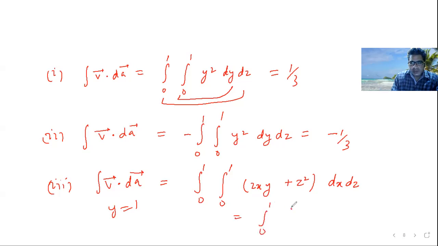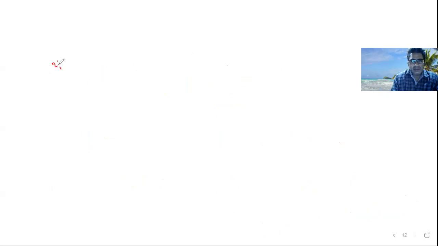Integral 0 to 1, 0 to 1, 2x plus z square dx dz. Now evaluate this integral, it will be 4 by 3, right? We have done 3 faces, now we have the 4th face.